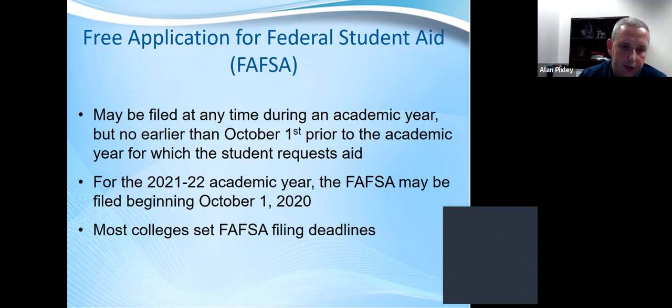Most colleges set a FAFSA filing deadline. Like for Collin College, you can file all the way up until June of 22 actually, for the 21-22 year, but some schools may have an earlier cutoff.